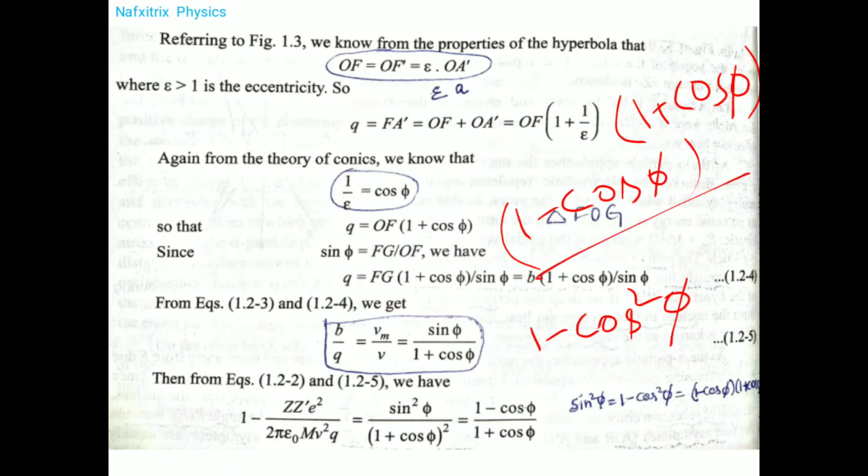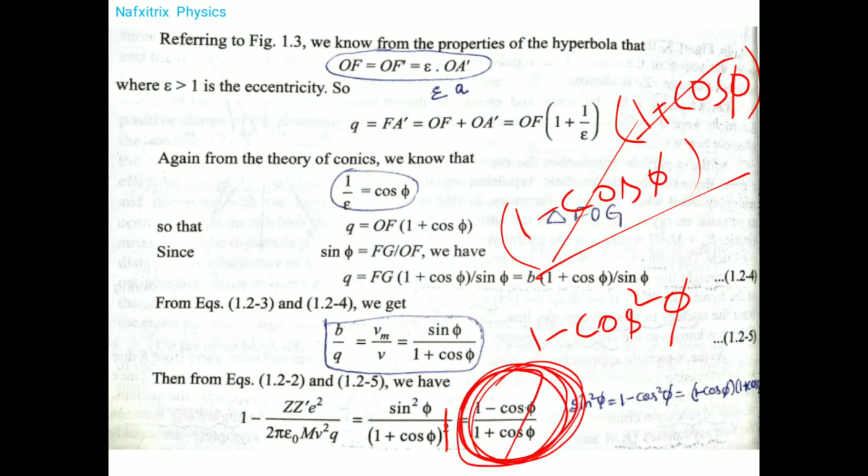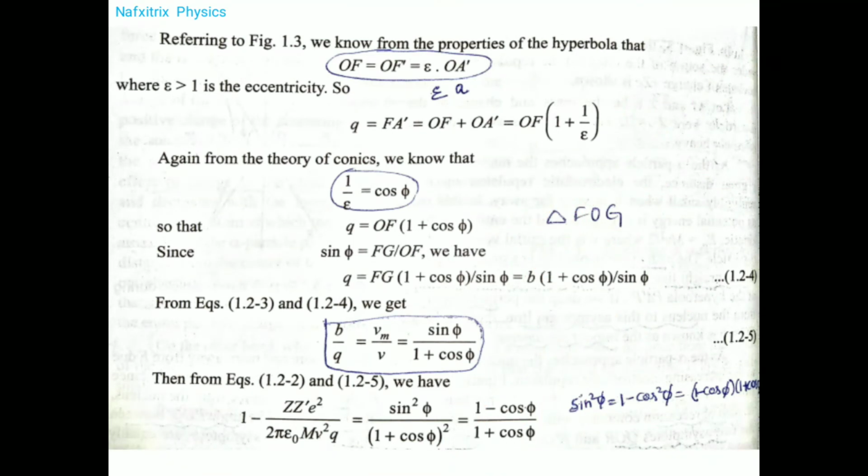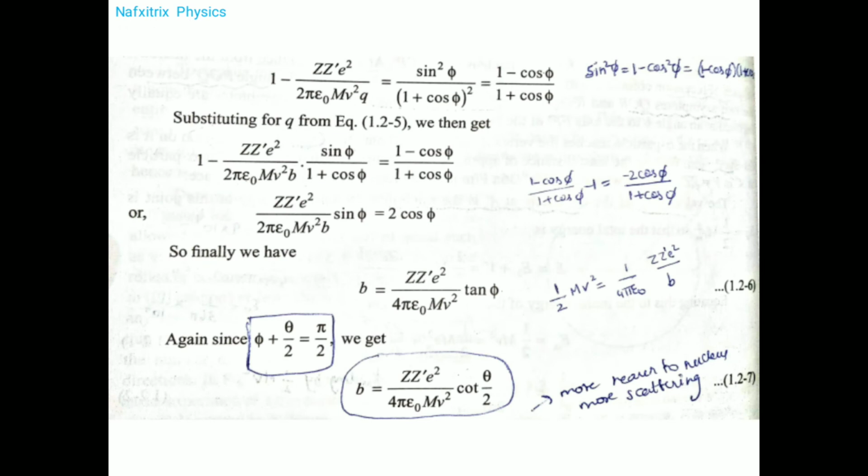So the numerator would be this, and in the denominator we have 1 plus cos phi whole square. One 1 plus cos phi and another 1 plus cos phi get cancelled, and 1 minus cos phi and 1 plus cos phi remain. So finally this term is equal to this one.